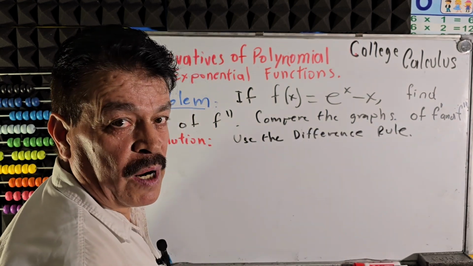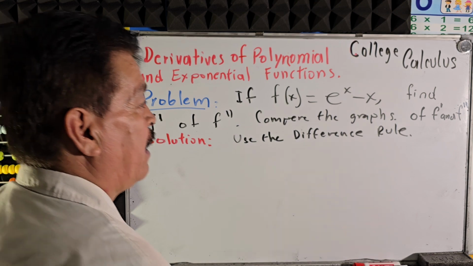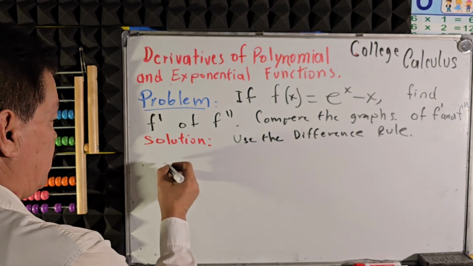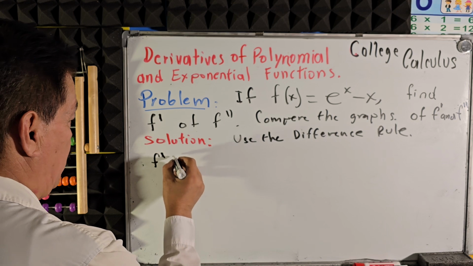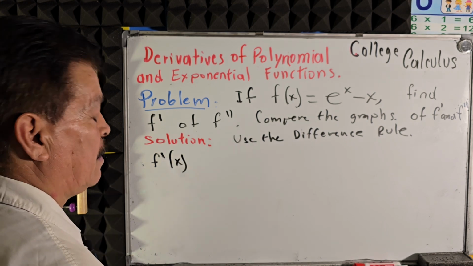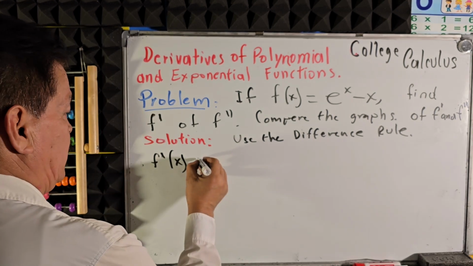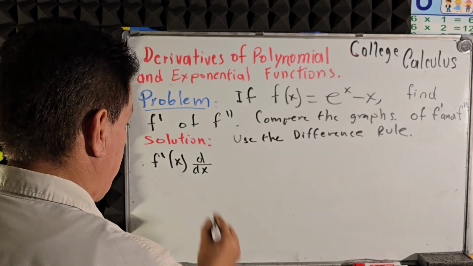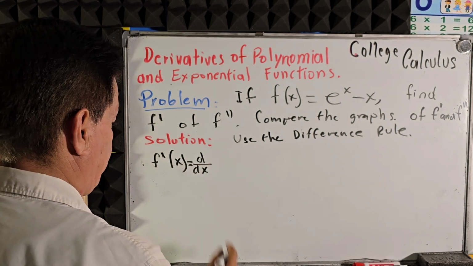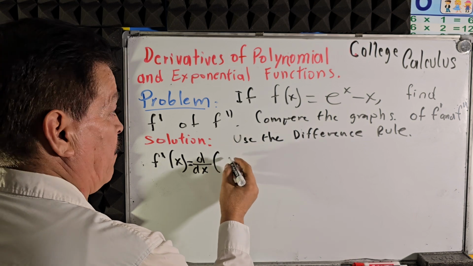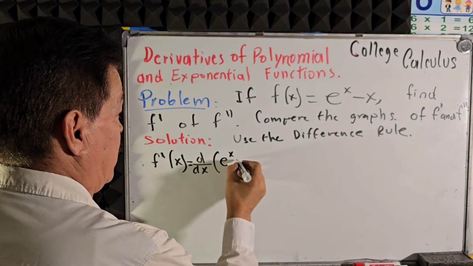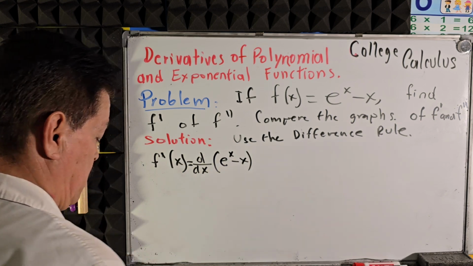I explained it to you. So then we have f prime of x, so write d divided by dx of our problem, e to the x power minus x.